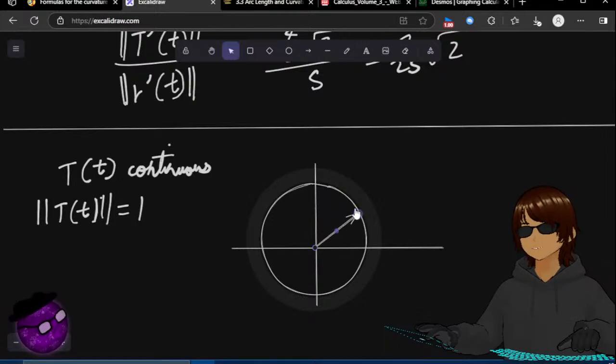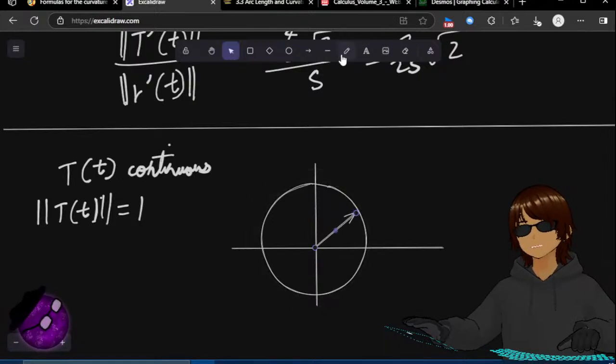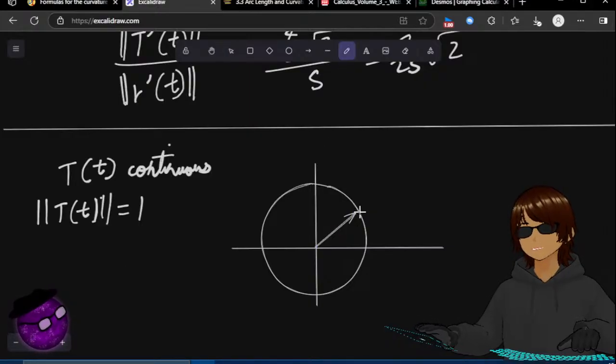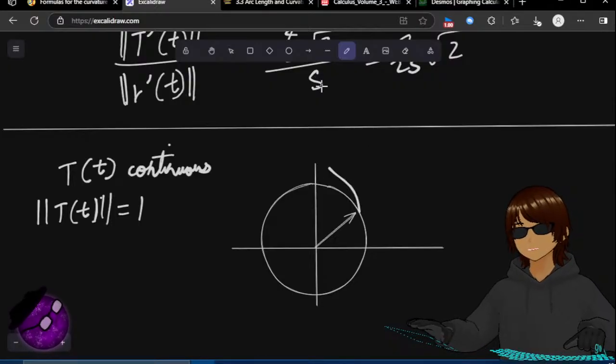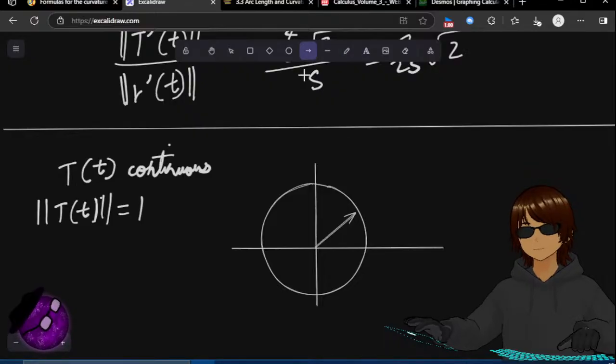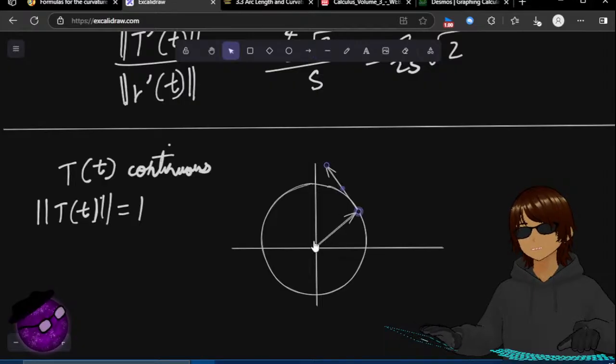Since the path it traces is a circle, because the length is always 1, that means its derivative, at the tail over here, would be perpendicular to T. So let's say T is going here, then its derivative would be facing that direction.